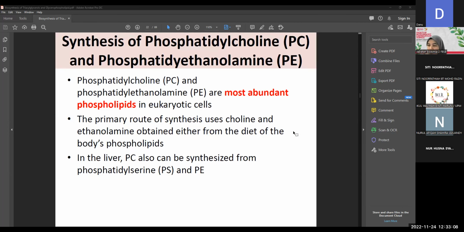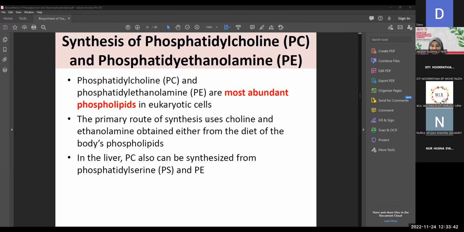Now let's look at the synthesis of the derivatives phosphatidylcholine and phosphatidylethanolamine. We know that PC and PE are the most abundant phospholipids in eukaryotic cells. It's very important for membrane. For the biosynthesis pathway, they use choline and ethanolamine obtained either from the diet or from the body's phospholipid.